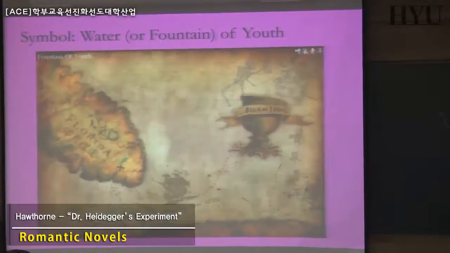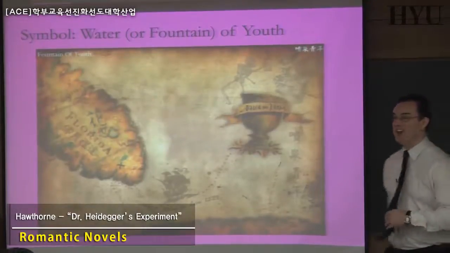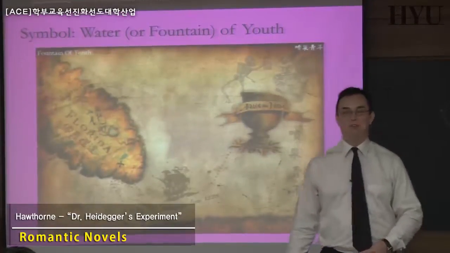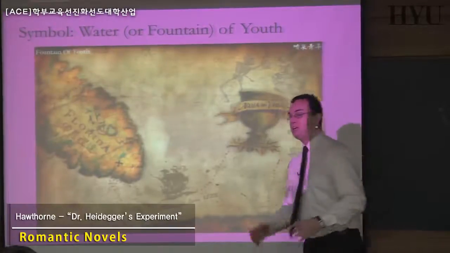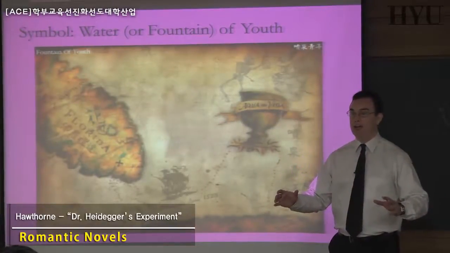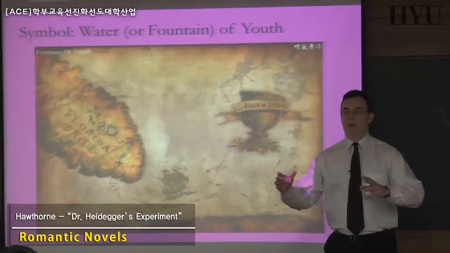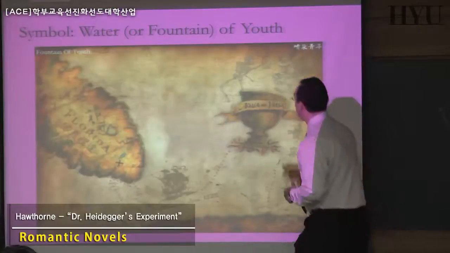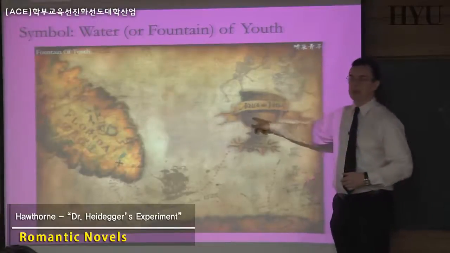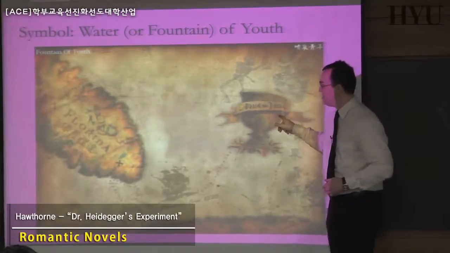And this here is not a real historical map. This is from Pirates of the Caribbean, but you can see that even for the Hollywood movie, they've taken this historical myth, this historical reference. Here it says Aqua de Vida, which means water of life, right?